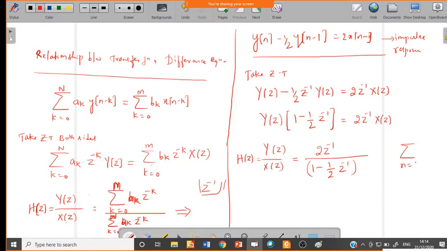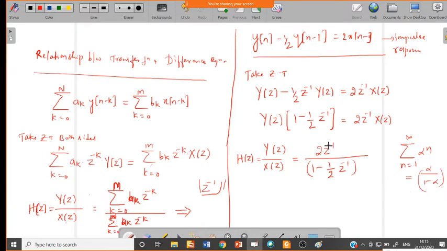If it is the summation from n equal to 1 to infinity of alpha power n, what is the equation for this? This is alpha by 1 minus alpha, is it not? So you know this formula, right? You can use this formula and write it.